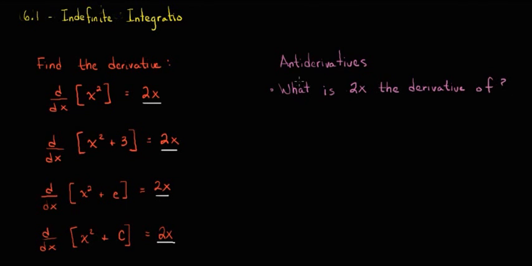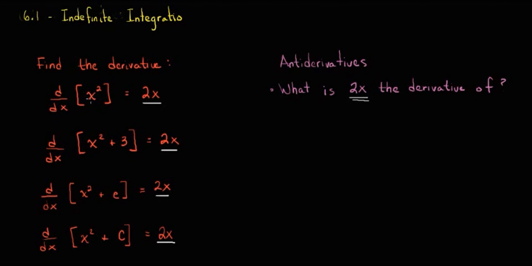Essentially what I'm asking is, what is the antiderivative of 2x? In other words, what function, when I take the derivative of it, gives me this 2x?